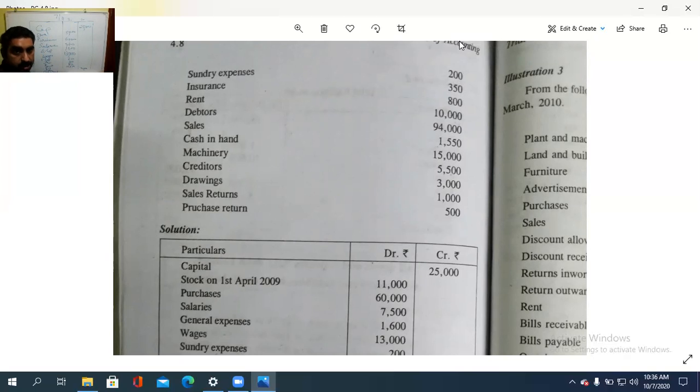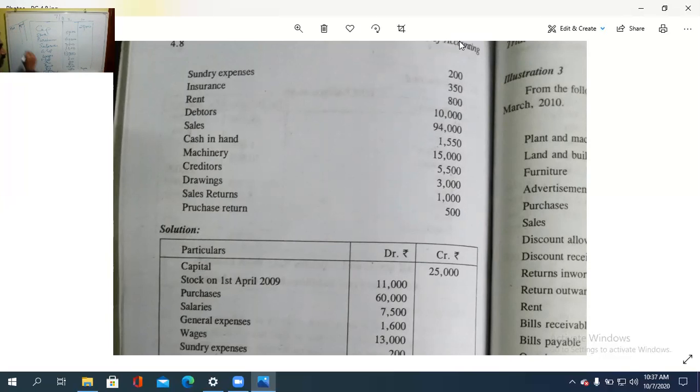Cash in hand 1,550. Okay. Then machinery. I'm putting the balance in this machinery. Here also 2 amount columns I am putting. So machinery, where is it coming? Asset side, isn't it? So 15,000.